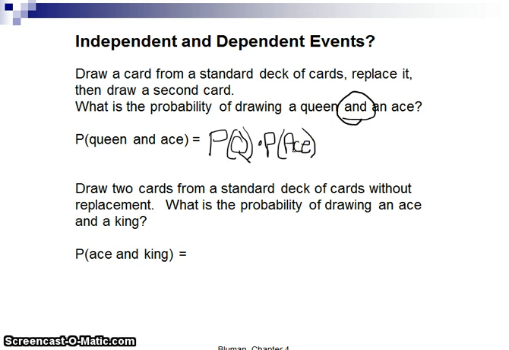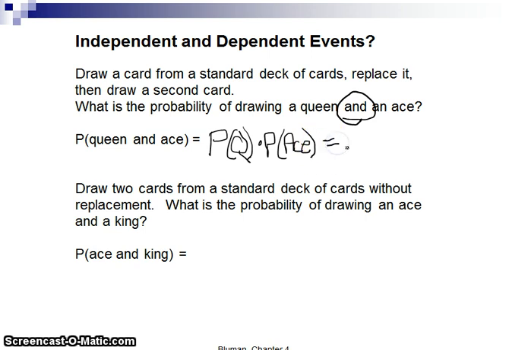Now, are these two events independent events? Why, yes, they are, because when you draw a queen and then you replace it back in the deck, you still have the same number of cards in the deck to draw from for the ace. So the probability of drawing an ace on the second draw is not affected by drawing a queen on the first draw. So we're going to multiply these two together.